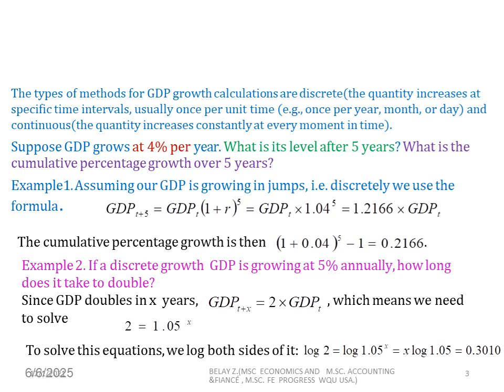Then GDP at time t plus x is equal to 2 times, that is double, GDP at time t, which means we need to solve 2 equals 1.05 to the power of x. x is the time or doubling time. We are going to solve for variable x.